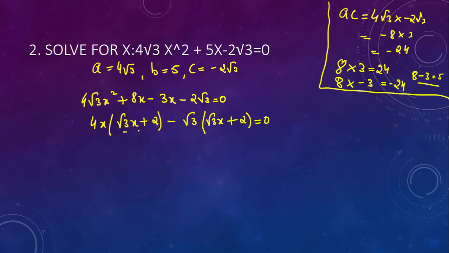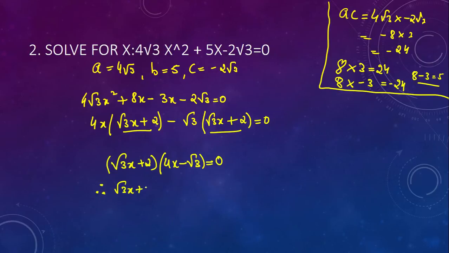So now you know that this is a common term, so take it common. You get root 3 x plus 2 into 4x minus root 3. This value is 0. Now, since this is 0, at least one of them has to be 0. So therefore, root 3 x plus 2 is equal to 0, or 4x minus root 3 is equal to 0.